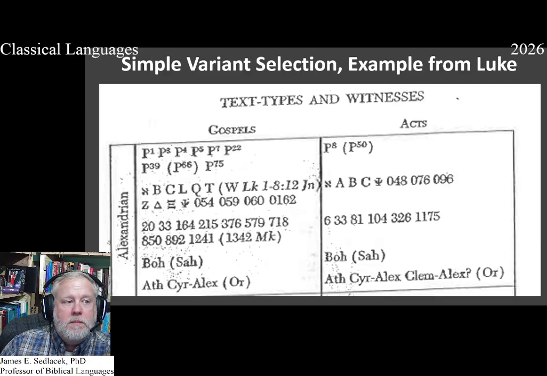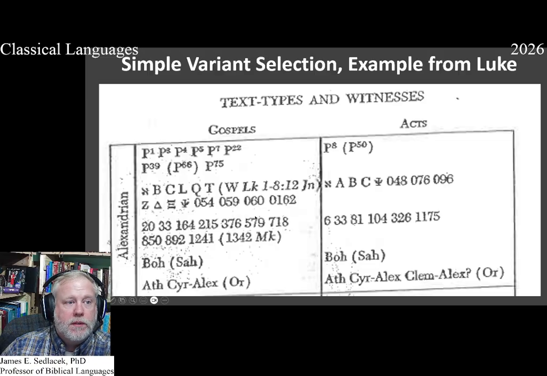In the material in Metzger, you have these text types or families and witnesses that belong to such family. It's different whether you're in a gospel or the Acts or the epistles. And so we're dealing with Luke, so we're paying attention to gospels. So all of the manuscripts cited here in this square to the left, these are Alexandrian witnesses for gospels.